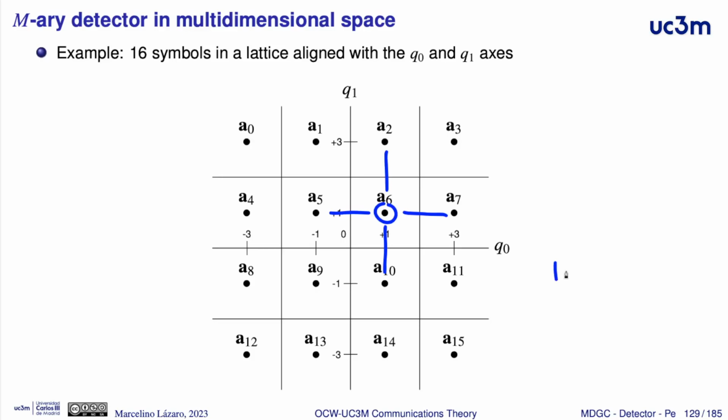In this case, k will be equal to 4, because there are symbols in this constellation with 4 symbols at minimum distance. There are others, for instance A0, that only has 2 at minimum distance, but the important thing is the maximum number of symbols at minimum distance of another one. For this constellation, k is equal to 4.